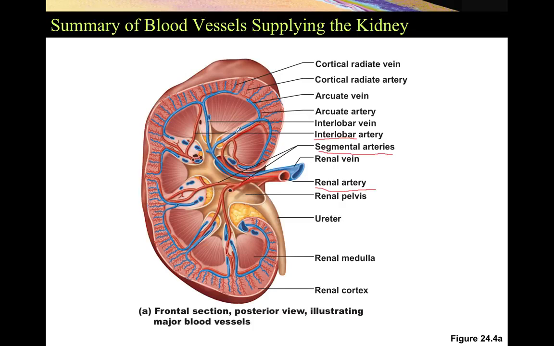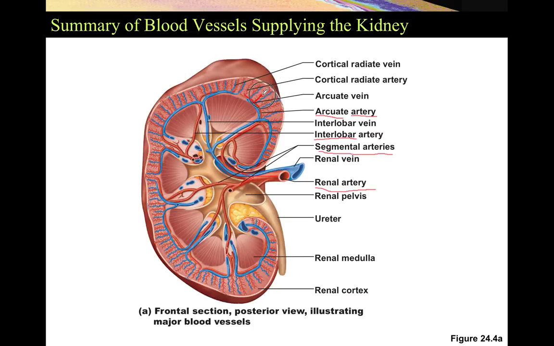Now as you go forward, you see this blood vessel right here that runs between the pyramid and the cortex. This blood vessel that you see both in blue and red, which means artery and vein, is referred to as the arcuate artery. Since we're talking about the arteries right now, it continues to form these tiny branches you see right here. Notice that they are radiating, outward from this main branch.